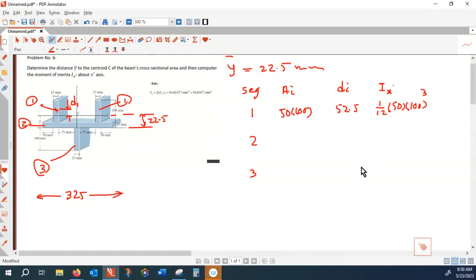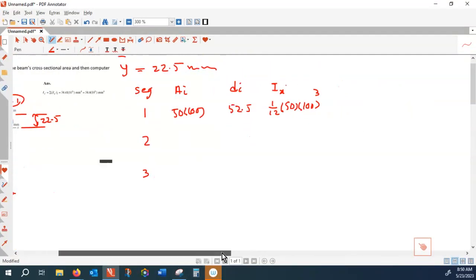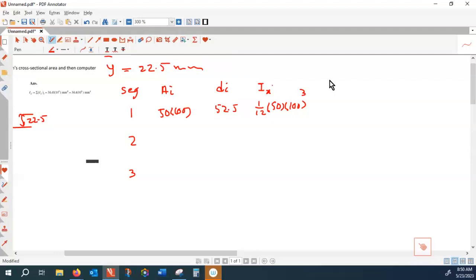Also we have to find the area of the shape multiplied by d1 squared. That is the penalty term. The total is 13.781 multiplied by 10 to the power of 6, and the unit for that is millimeter to the power of 4.